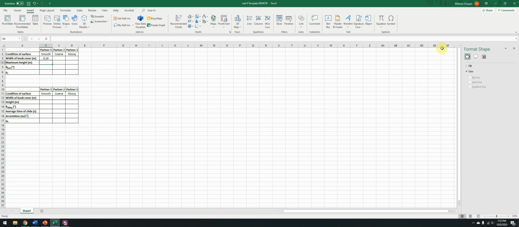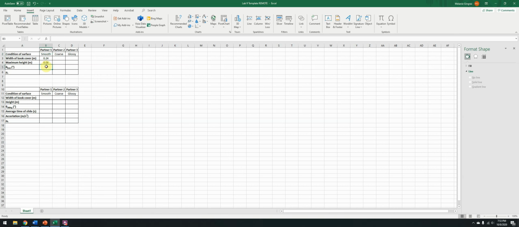And the height that I got was 5.5 centimeters or 0.055. Okay? So you'll notice that I'm recording under partner 1 for the smooth cover. This book happens to have a really smooth cover, which is why I chose it. But now I'm going to get into the calculations.